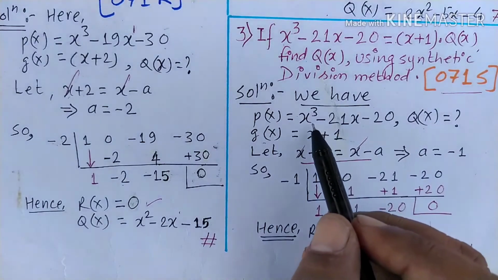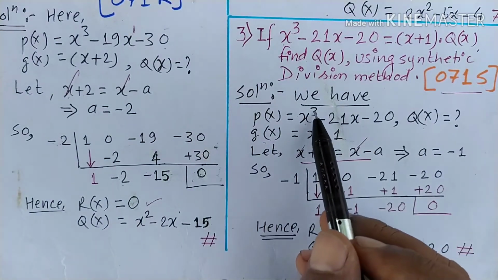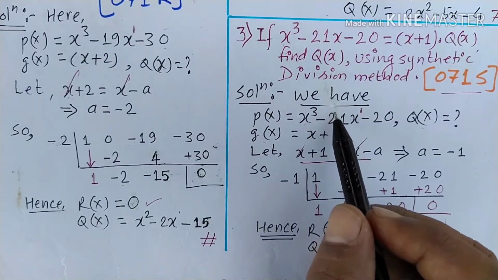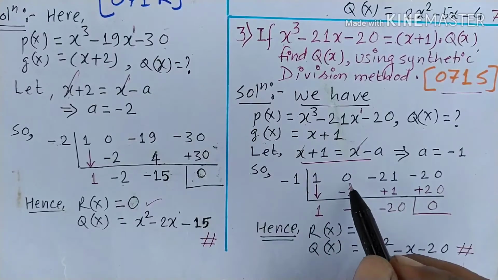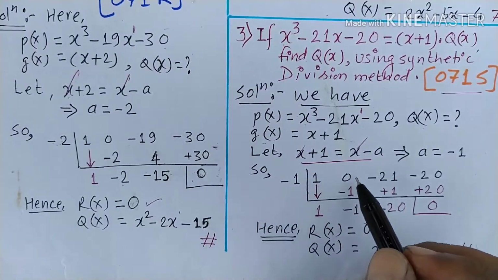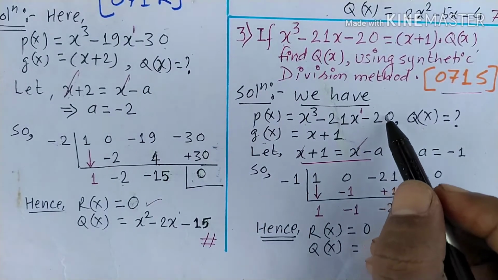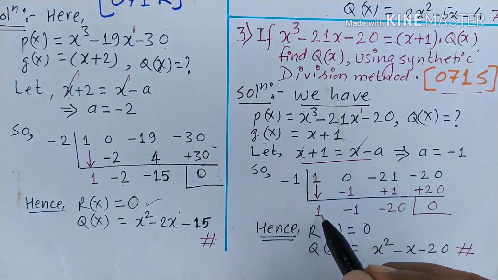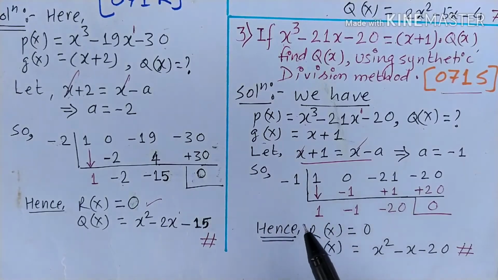So you can see in this polynomial, this is third degree, this is a term containing degree 1, and second degree is missing here, so in place of second degree we write here 0. Now 1, 0, minus 21, minus 20 is the constant, and now we should bring down the first coefficient here and multiply with the divisor.